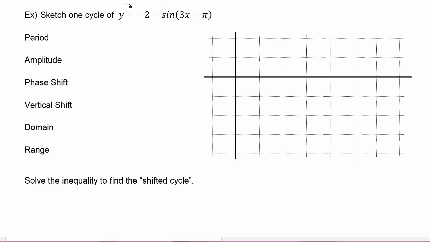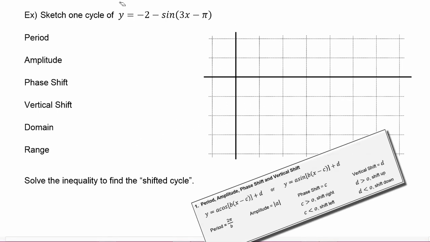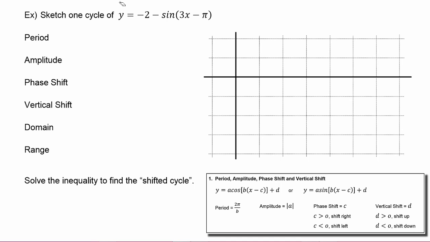So first order of business is to take our function equation and write it into the standard form. So this is going to be negative sine of 3 times the quantity x minus pi over 3, minus 2.